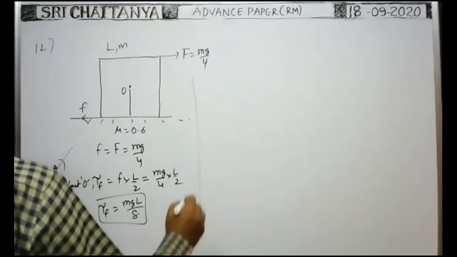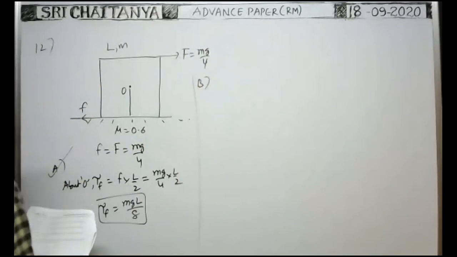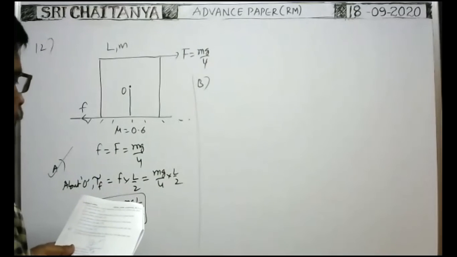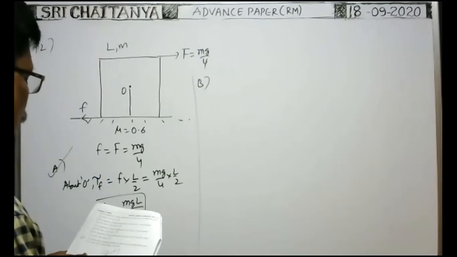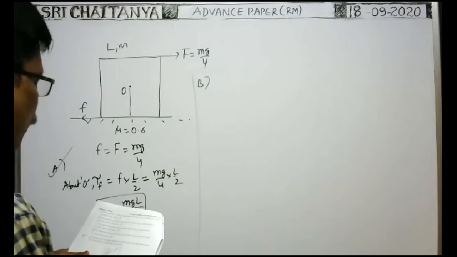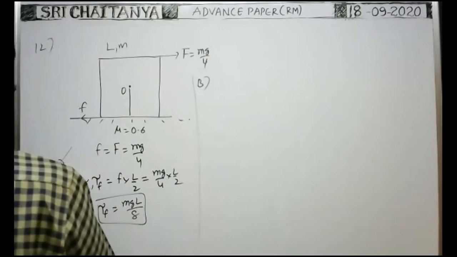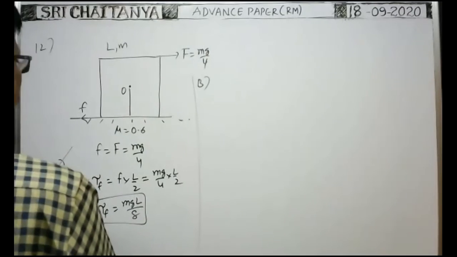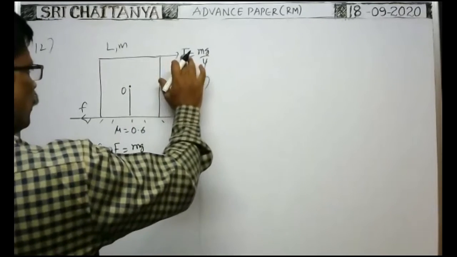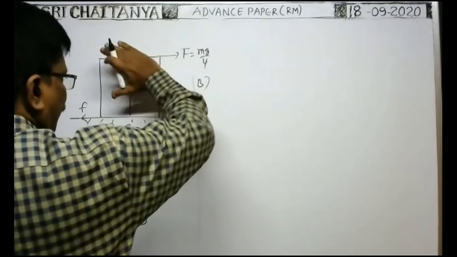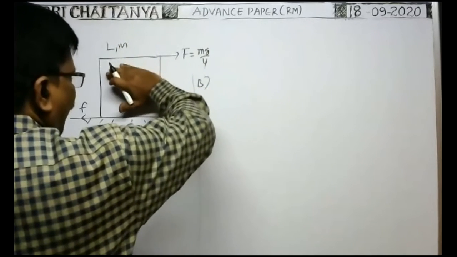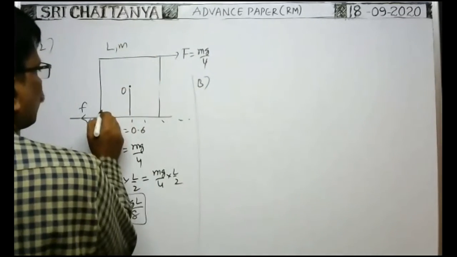Next, option B. The magnitude of torque experienced by the cube due to normal reaction about the center of the cube. Whenever the applied force is there, due to that, this cube tries to turn or topple like this.